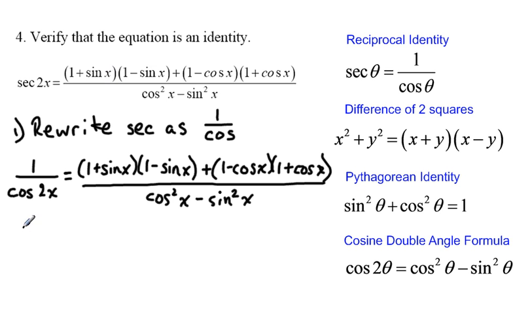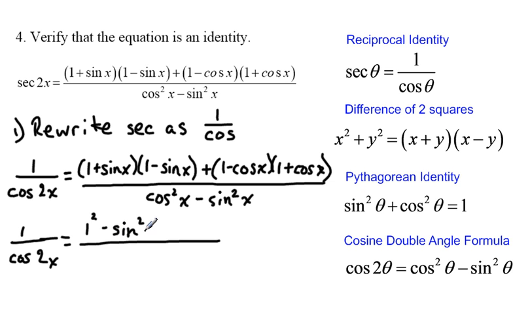So I'm going to rewrite 1 over the cosine of 2x equals, we're going to use this difference of two squares property in order to multiply what's on top. We have 1 plus sine x times 1 minus sine x, and when we multiply that, we're going to get 1 squared minus sine squared x plus 1 minus cosine times 1 plus cosine is going to give us 1 squared minus cosine squared x.